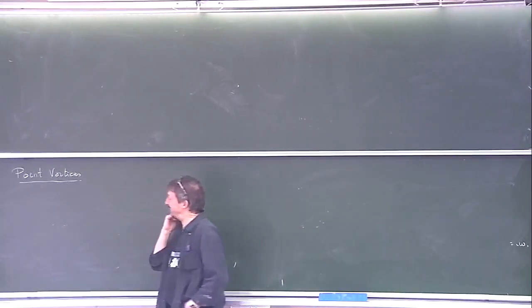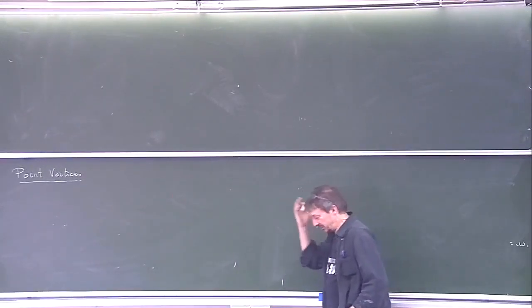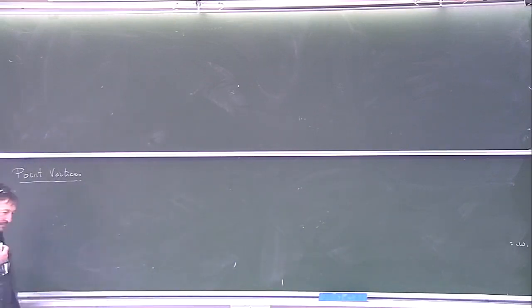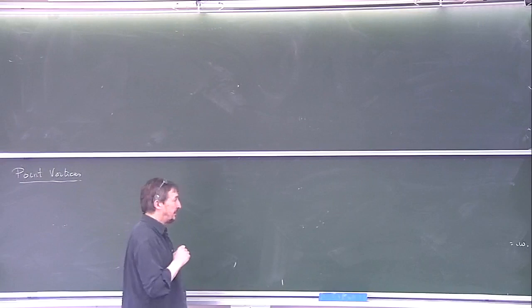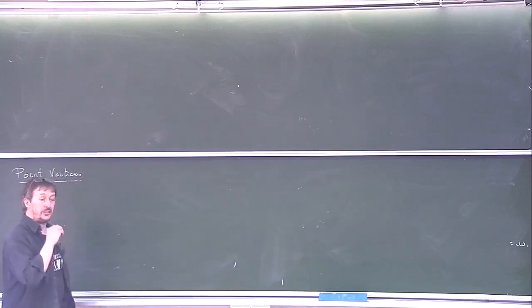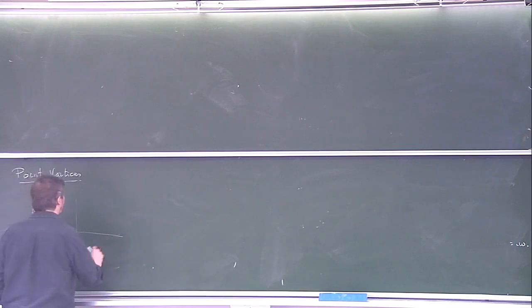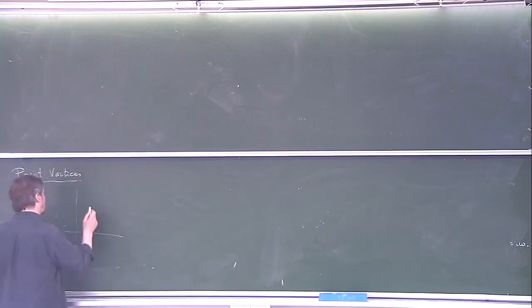So, point vortices. Originally, this goes back to Helmholtz in the middle of the 19th century, and Kirchhoff, who looked at it in the plane. You can do this on any surface, Riemannian surface.